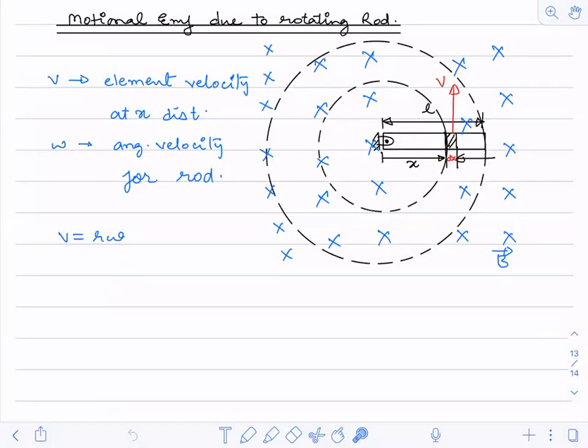That element is moving with the velocity v. The angular velocity of the rod is omega.